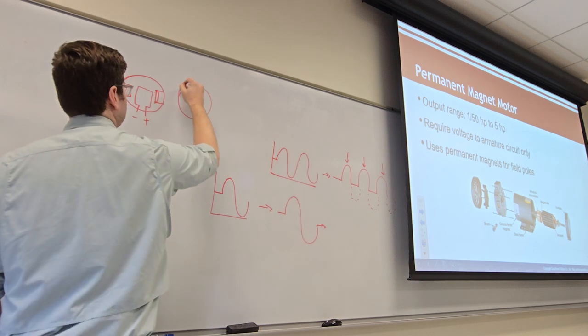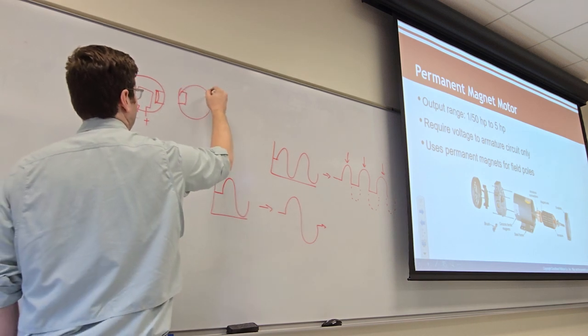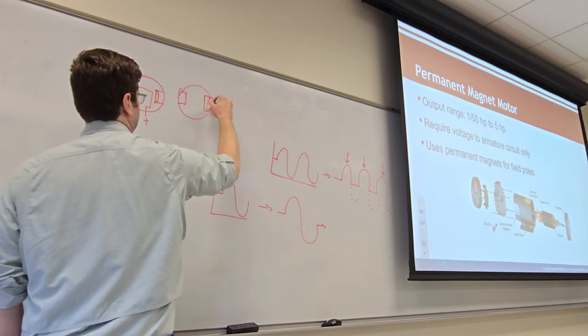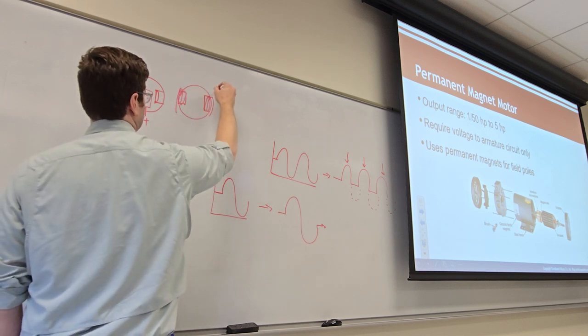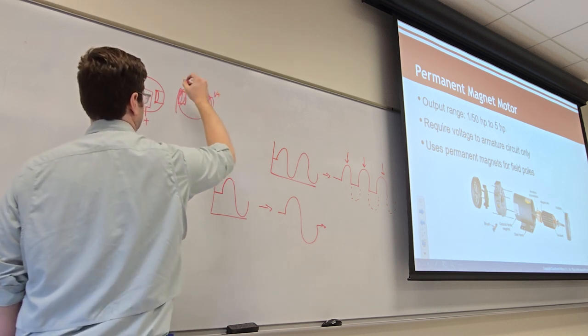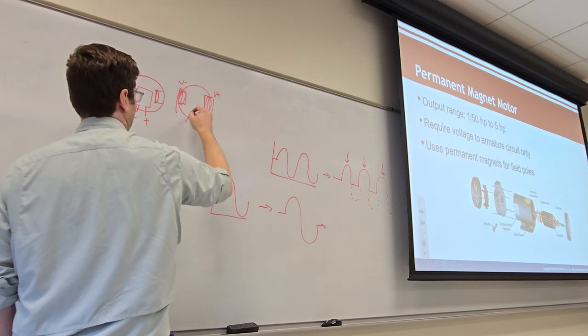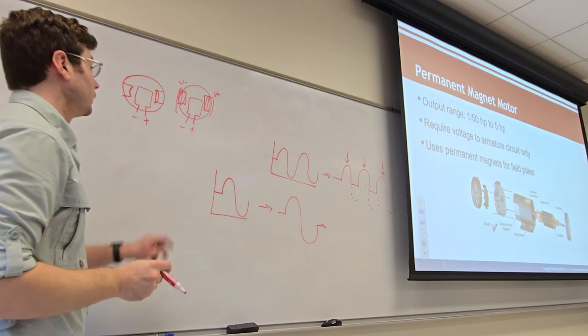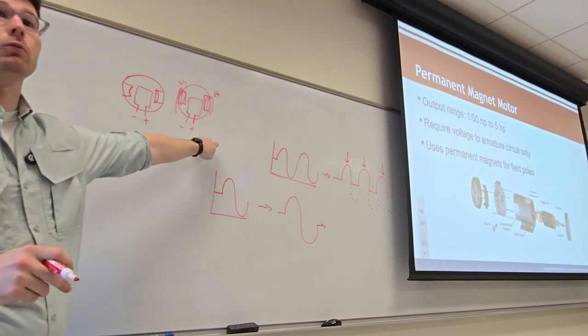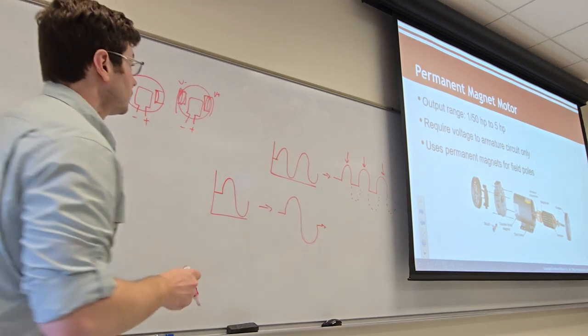There's another one where the magnet inside is actually an electromagnet. Okay, so we can vary the strength by applying voltage on the electromagnet or the armature. Okay, so we're kind of doing double duty here, where we can get more power out of it. It's a more efficient device.